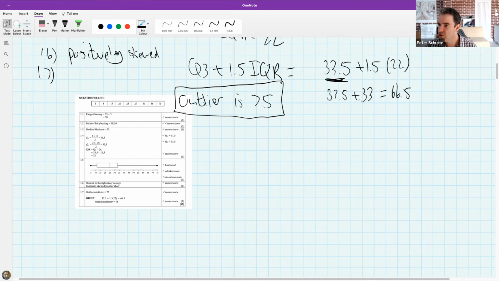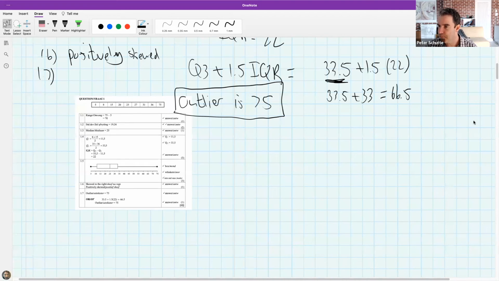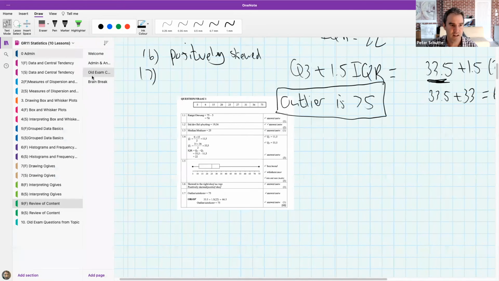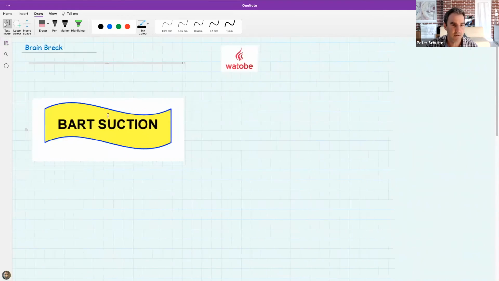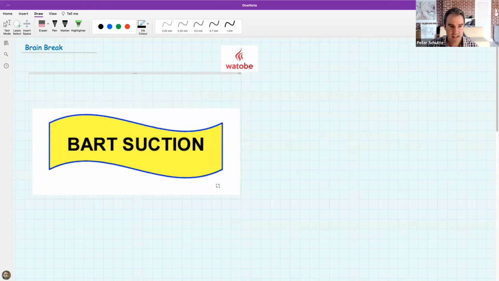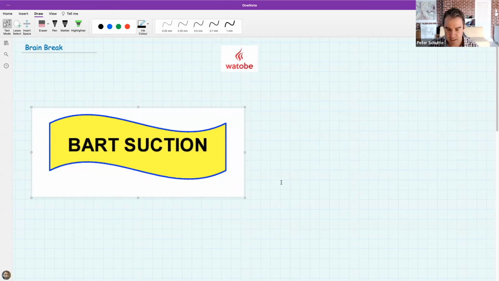All right, has everybody had a good stretch? If you've had a good stretch, give me a thumbs up in the chat, please. And then I'm going to give you a new type of brain break. Okay. I feel a lot refreshed from my little thing. Okay, here is the brain break for today. It's a bit different. That is a mathematical word. I want you to tell me what is that word.